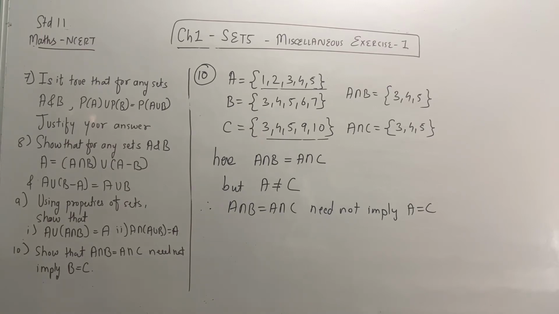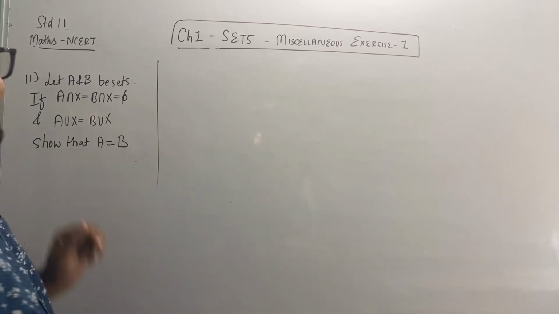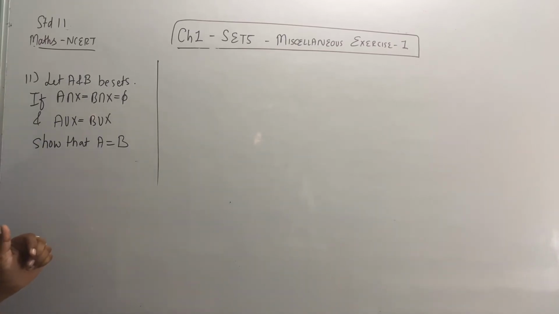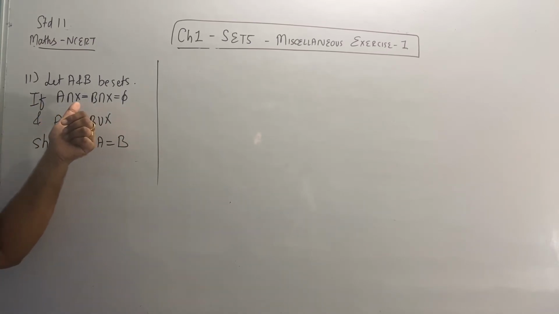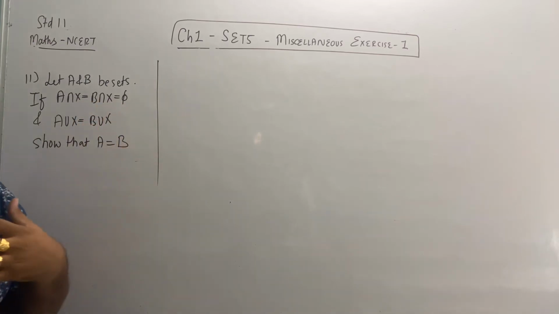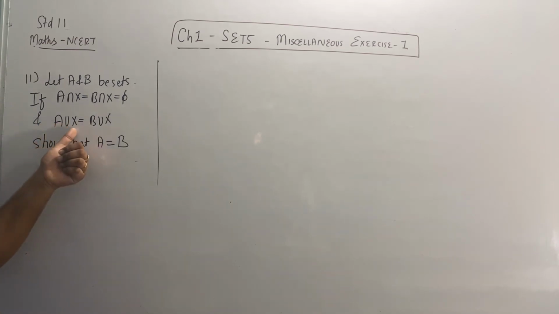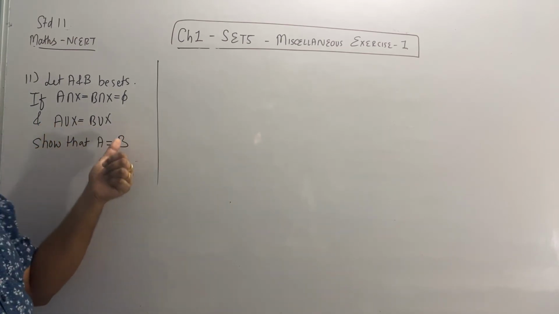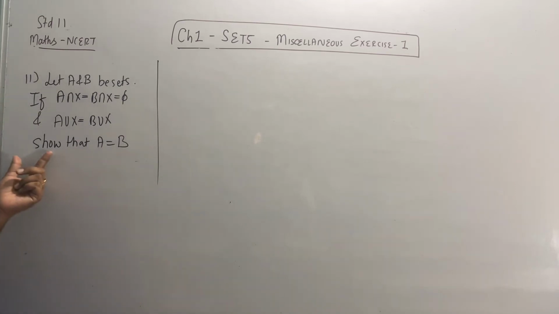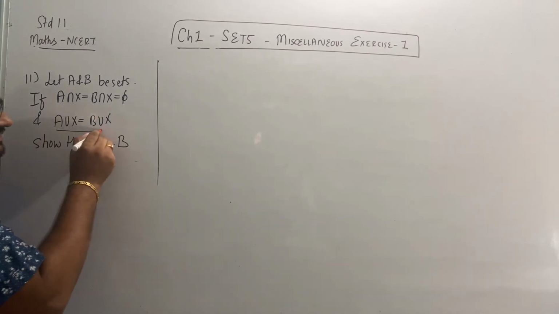Now let's move to the next question. Question number 11. Let A and B be two sets. If A intersection X equal to B intersection X equal to null set, and A union X is equal to B union X, then you have to show that A is equal to B. Okay, so we'll start with this.